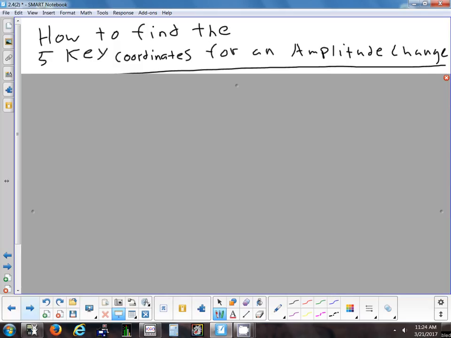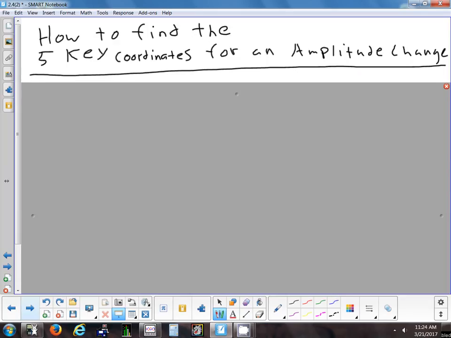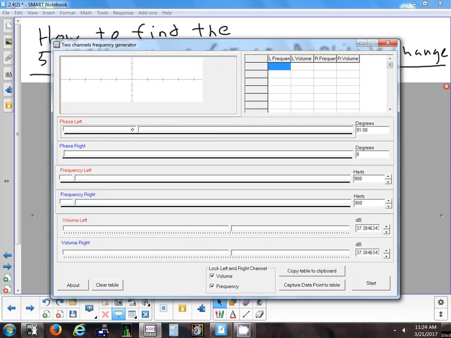All right, so next thing we have to figure out is we're going to take the points in our original table, and we're going to have to figure out where those 5 points move to. What's changing? All right, so amplitude change. We're taking a graph, and let's put these back in phase, and we're doing something like this.